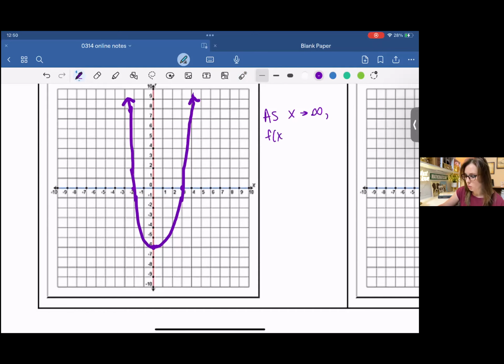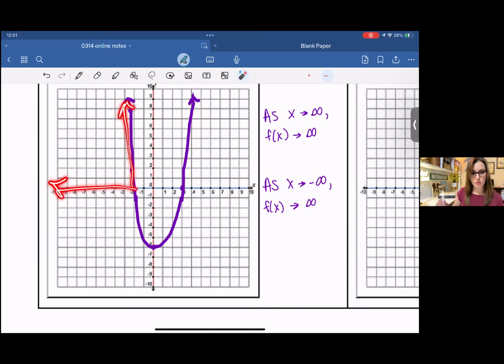So f of x also approaches positive infinity. Then on the other side, as x approaches negative infinity, that's an arrow, that means approaches. Again, the y values are pointing in the positive direction, so f of x approaches positive infinity. So positive x goes to positive y, negative x still goes to positive y.